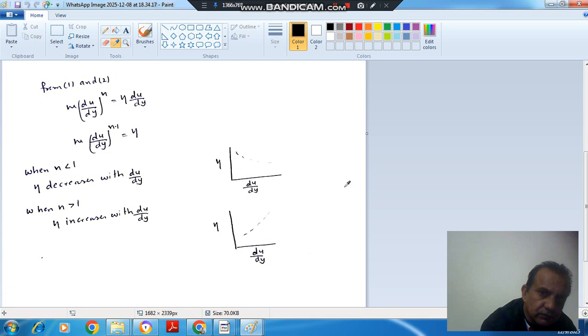So this is the apparent viscosity versus shear strain rate. When n is equal to 1, apparent viscosity and dynamic viscosity will be the same, and it will not vary with your shear strain rate. Then the graph will be like that.